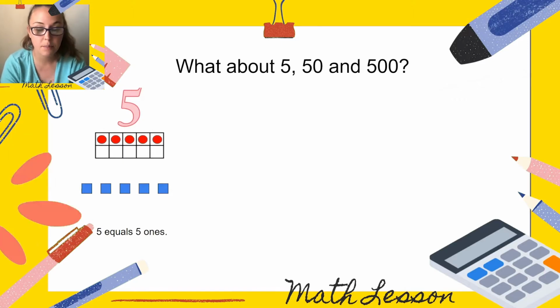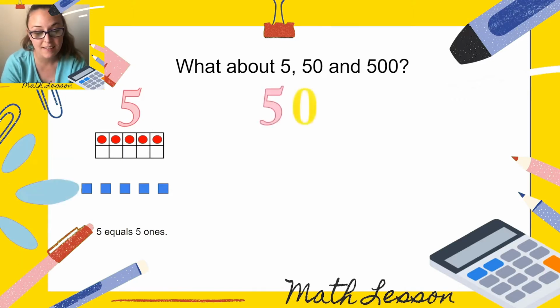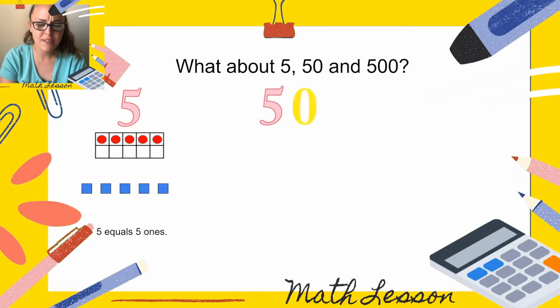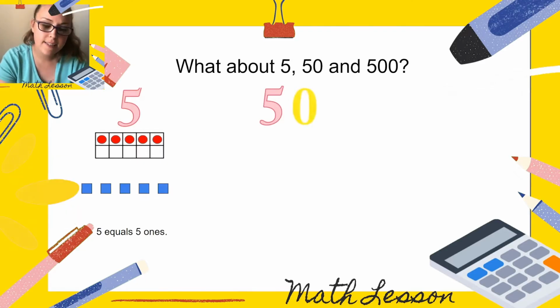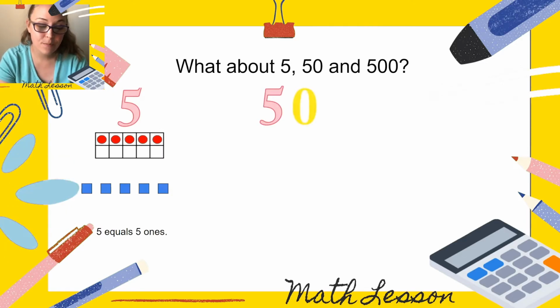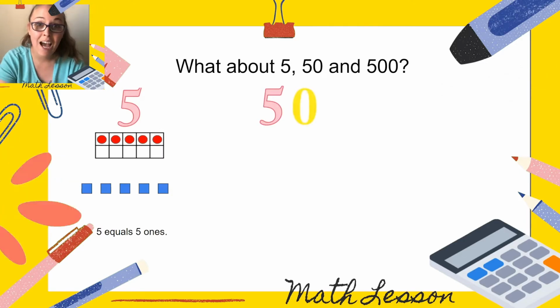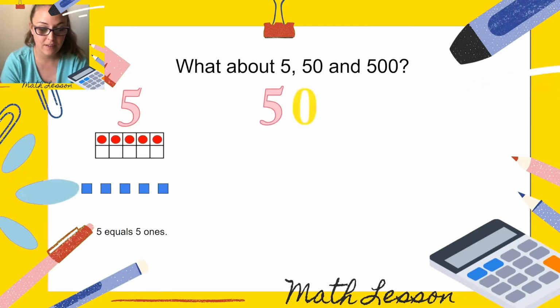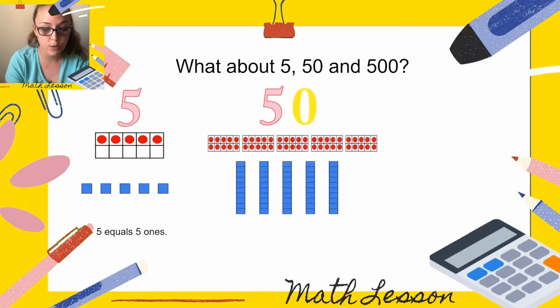We're going to need that to compare 5 to what's next, 50. How is 50 different? Yes, it has a 0, but what does that 0 do to the 5? Well, instead of being 5 ones, now we're dealing with a different place value. And when we model 50, there are a couple ways we can do it.